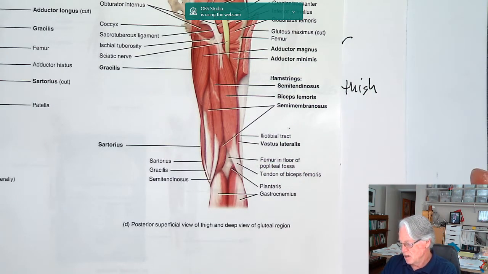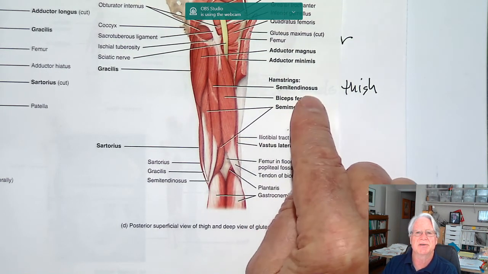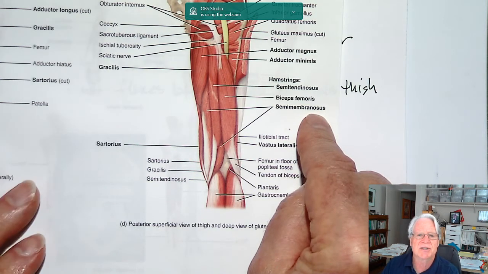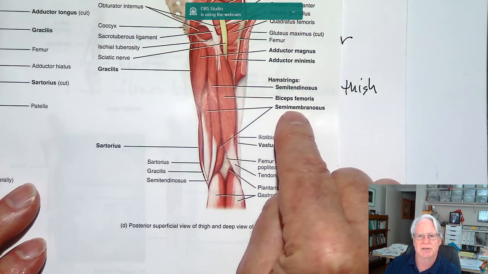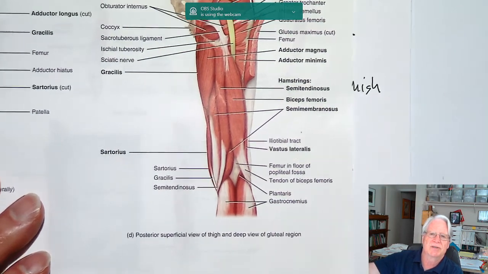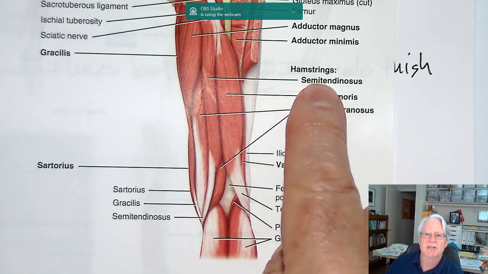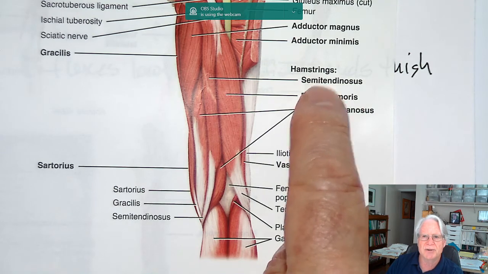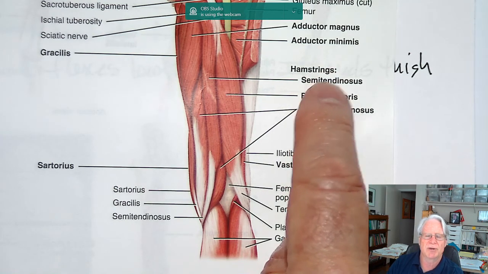So let's go ahead and look at the next two, which are semitendinosus and semimembranosus. And I'm going to give you a little trick to distinguish between them. In semitendinosus, there's a T, and that T stands for top. I'll explain why that's important in just a second.